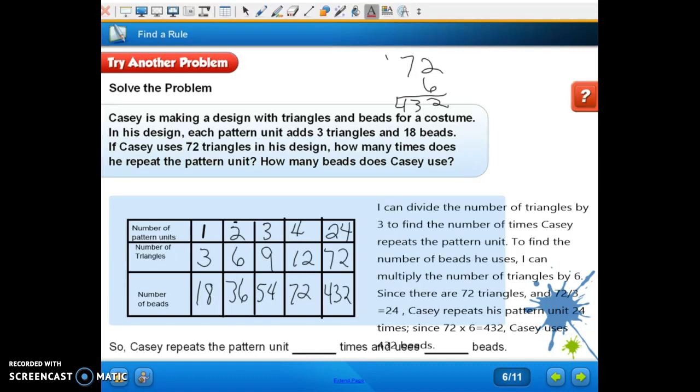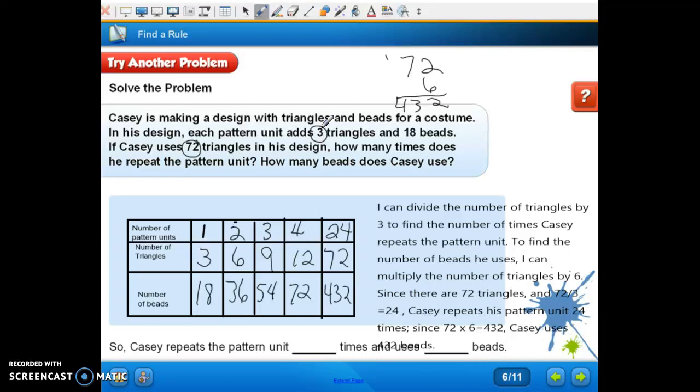Now I'm going to type up what we did. So I can divide the number of triangles, which he had 72 triangles, by 3 because there were 3 triangles in each group. To find the number of beads he uses, I can multiply the number of triangles by 6 because that was our pattern. 3 times 6, 6 times 6 got us those answers.